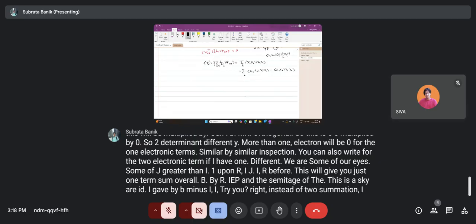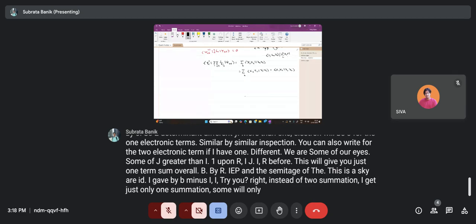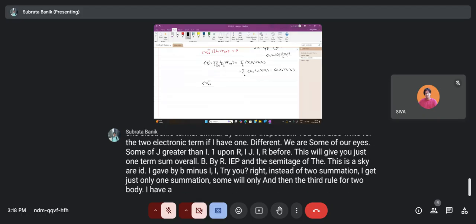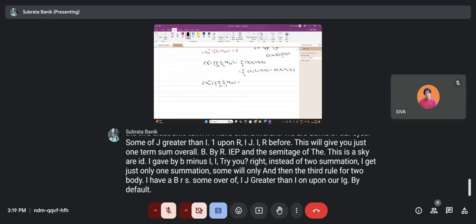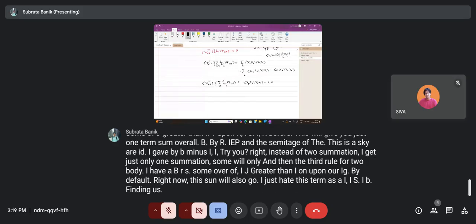Instead of two summations, I get just only one summation. The sum will be only over B. And then the third rule for two body, I have A B to R S, sum over i, j greater than i, 1 upon r_ij. Now this sum will also go, I'll just get this term, <chi_R chi_S|chi_A chi_B> minus <chi_R chi_S|chi_B chi_A>. Only one term will survive.